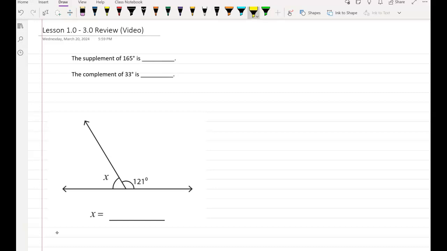First of all, our first thing here says the supplement of 165 degrees is, now you have to remember what a supplement is. Remember supplementary angles? Supplementary angles have to add up to 180 degrees. That's how we know they're supplementary.